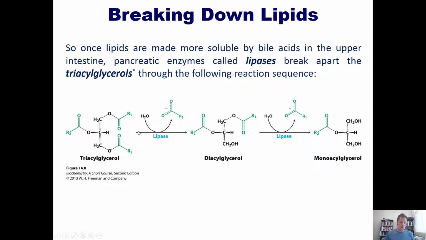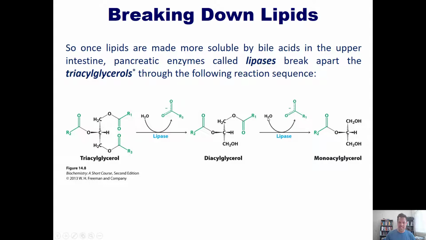H2O comes into one of the sections of triacylglycerol, forms a bond between its oxygen and this carbon, pushes electrons up onto this oxygen, then slaps it back down and kicks these electrons down into this oxygen, thereby severing this oxygen-carbon bond right here and releasing the free fatty acid with an oxygen on it that came originally from the H2O. That, of course, gets deprotonated at physiological pH, so you have a free fatty acid, and you've effectively shaved off one of these acyl groups off of the triacylglycerol, which simplifies it down to diacylglycerol.